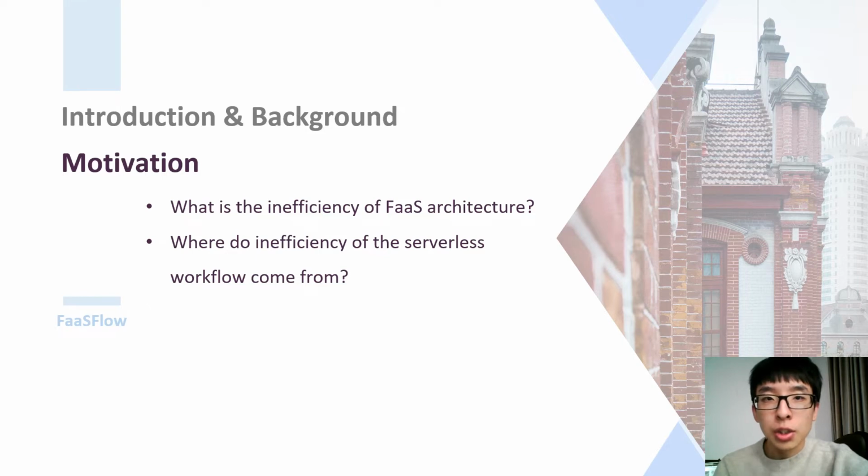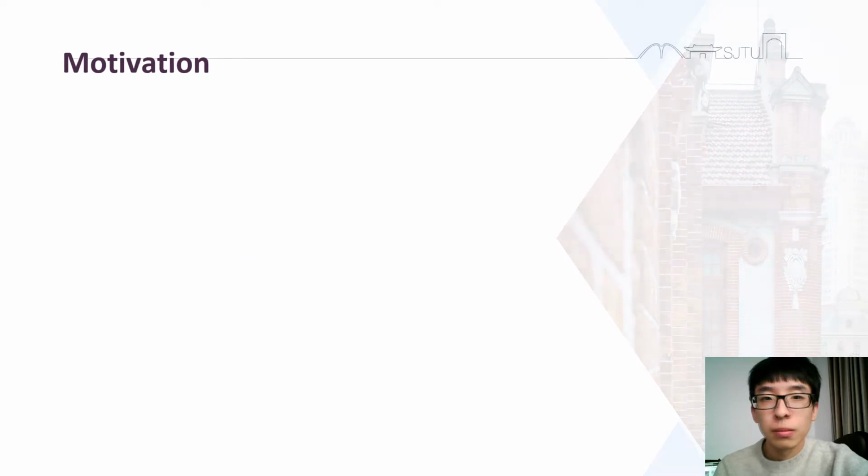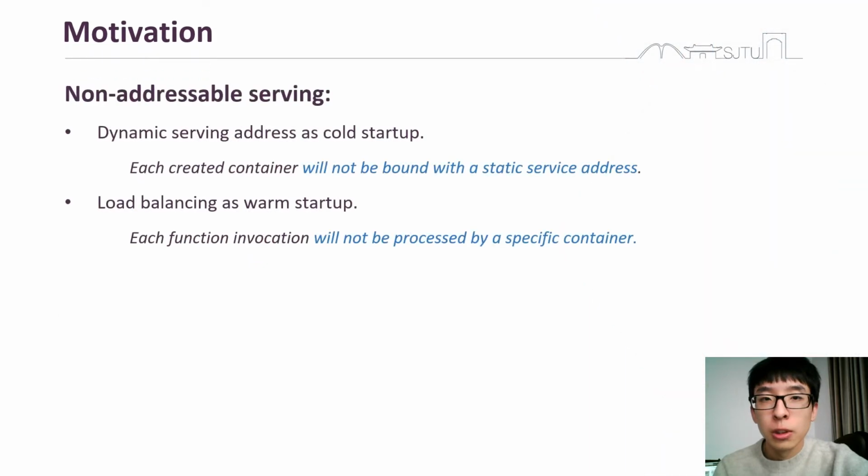So, in this section, we will analyze the efficiency of the FaaS model and where the inefficiencies come from in serverless computing. On the one hand, function invocations are non-addressable to users, either due to the dynamic serving address with cold startups or load balancing policies with warm startups.